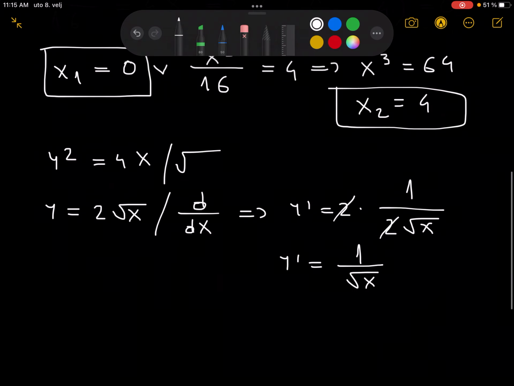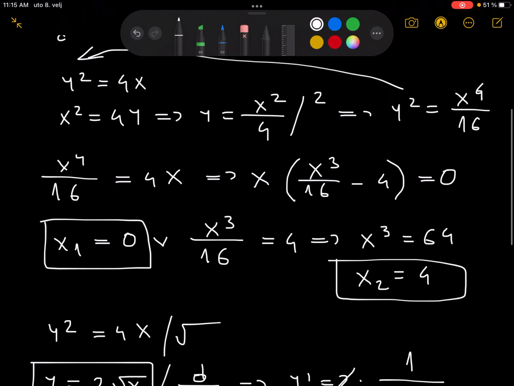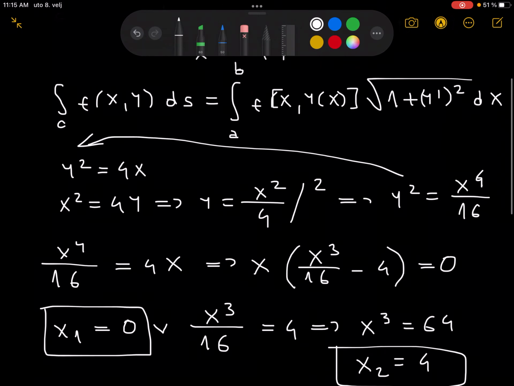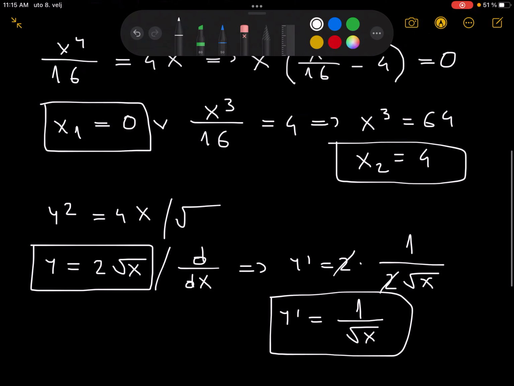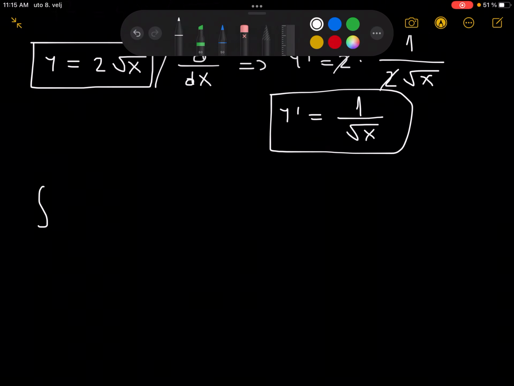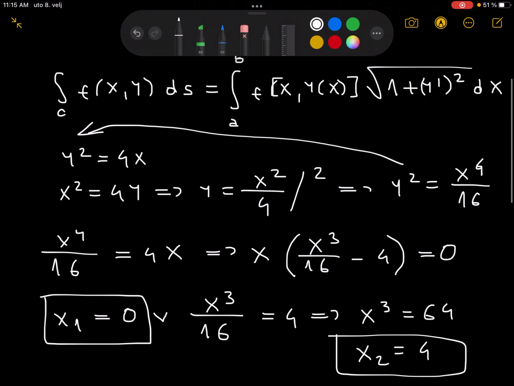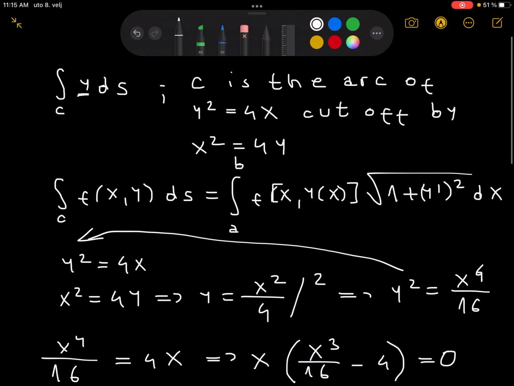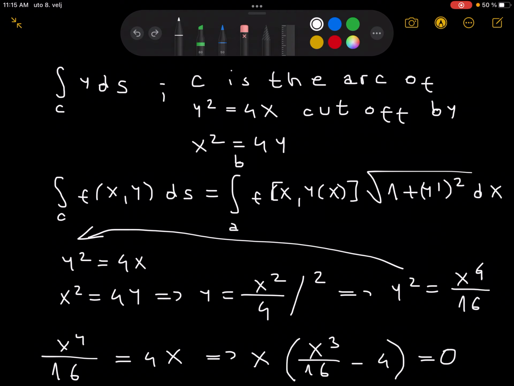Now that we know this, we're going to plug these into our formula, and then we get that the integral over the curve C of y ds is equal to the integral from 0 to 4, and now instead of y, we want to express this y as a function of x. But how do we go about doing that?